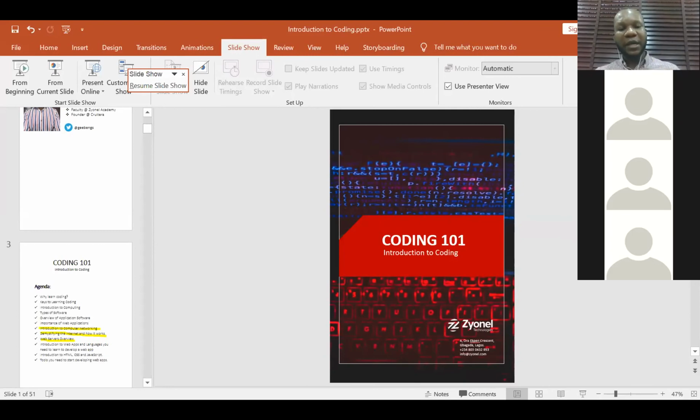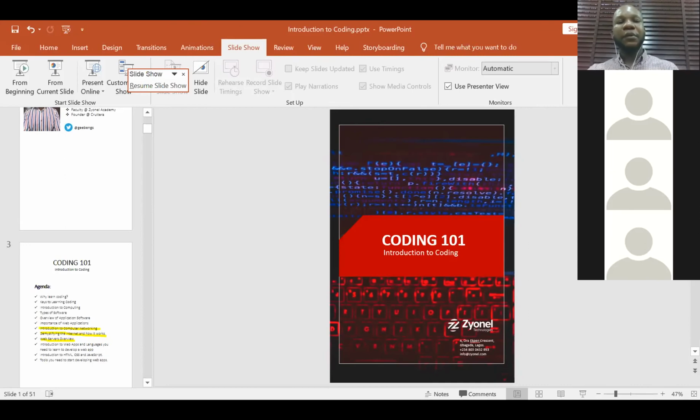So that's why we are coming this low, so you can be familiarized with all these hardware components. So that's the hardware. Okay, let me move on to the next slide.